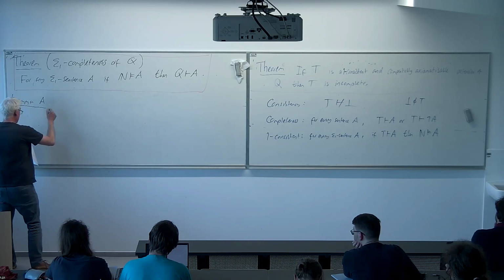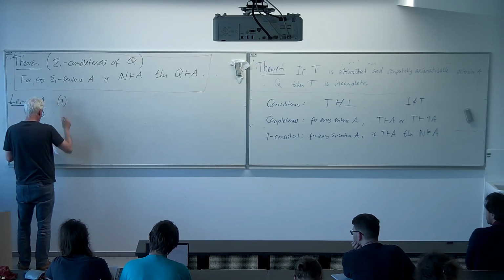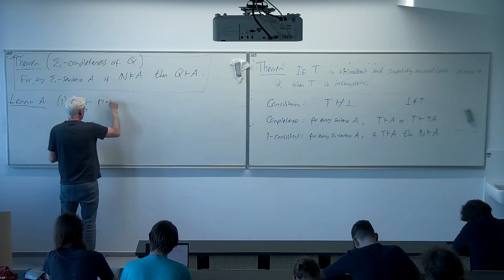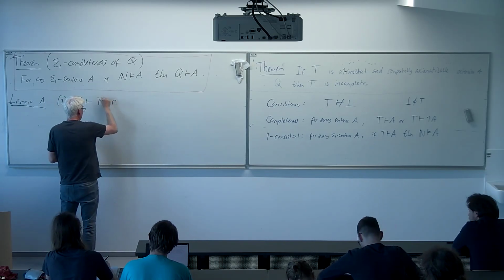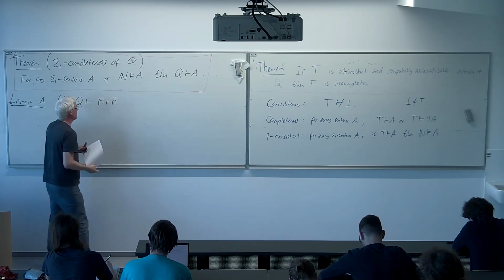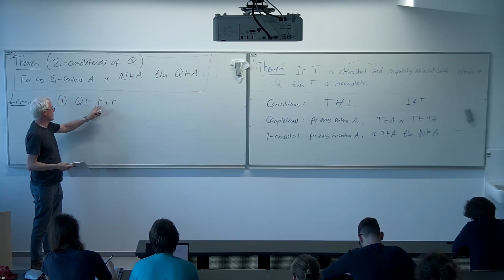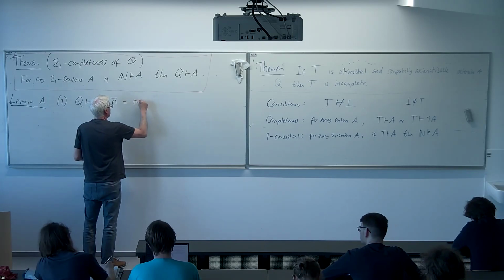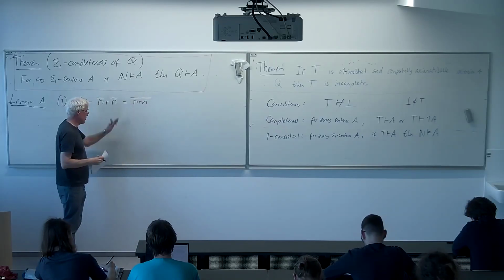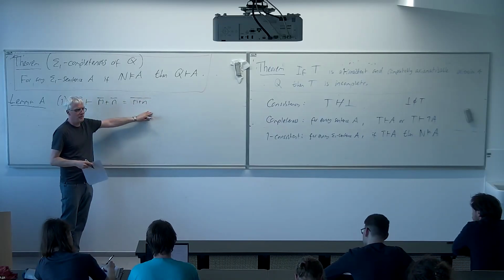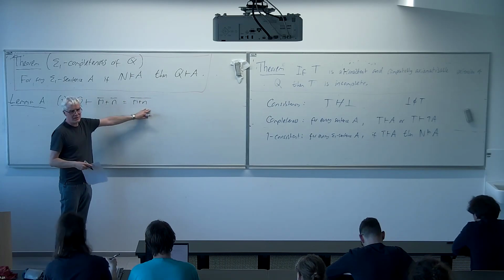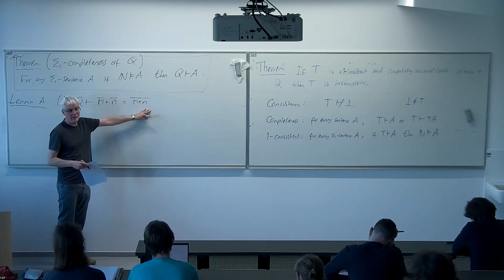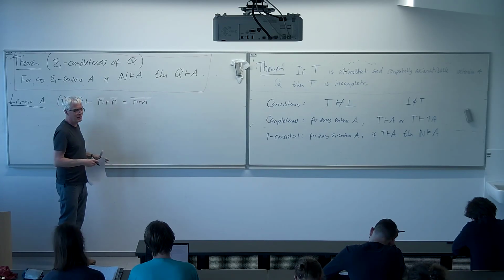So lemma A is going to deal with those. So lemma A says that Q can prove, if you've got two numbers, m and n, you consider the term that's the addition of the two numerals, then it can prove that that's equal to the numeral for the sum of the two numbers. But I've already basically discussed how that works when I introduced axioms A3 and A4. We discussed how that works.